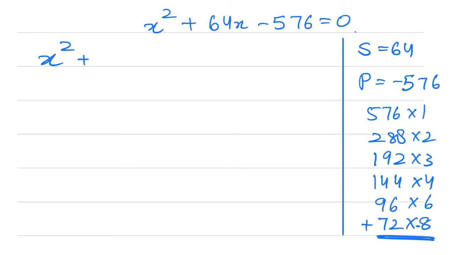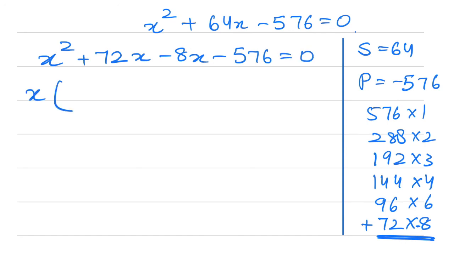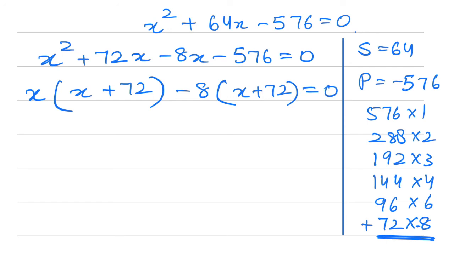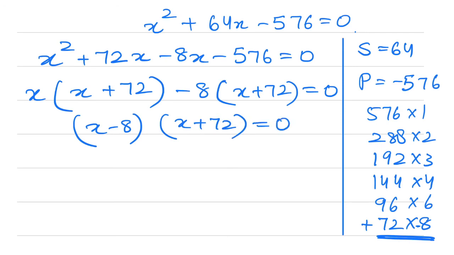X square plus 72x minus 8x minus 576 is equal to 0. X is common. X plus 72 minus 8, x plus 72 is equal to 0. So x minus 8 and x plus 72 are the factors for this equation.